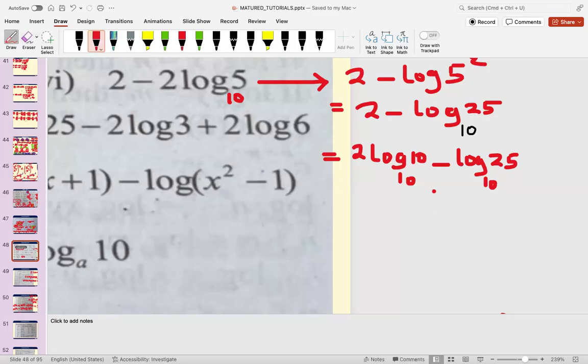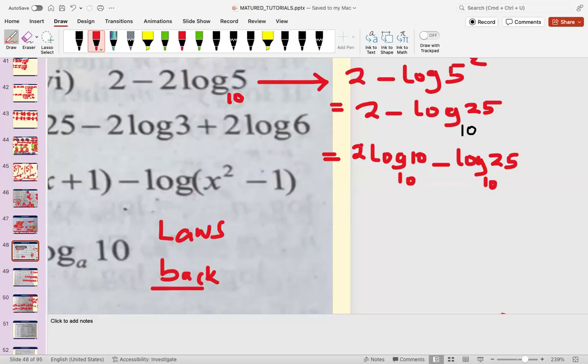Now, once we have it this way, we remember again that before you can apply the laws, there should not be any number at the back of the log. There should not be any number. But look at this one. After writing this way, there's still a number at the back, which is not going to help us.